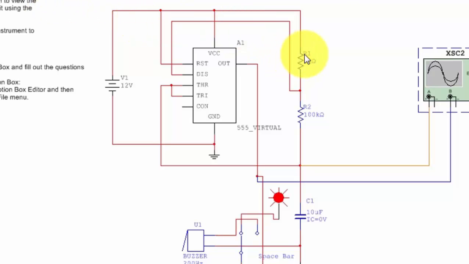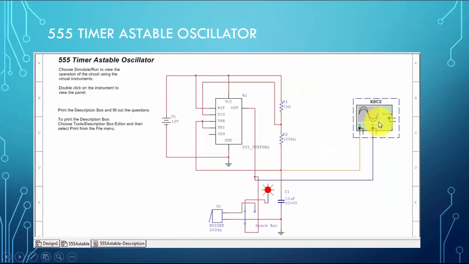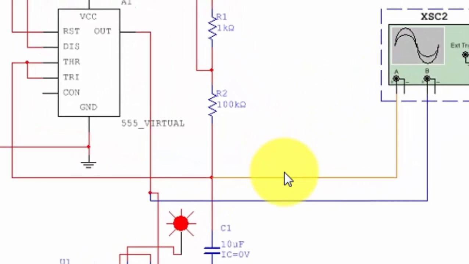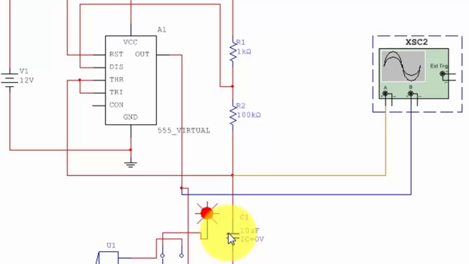We have external components R1, R2, which are the timing resistors, and we have the discharge and charging capacitor C1. Shown here is the oscilloscope, which is used to display two outputs. We're going to see the output from pin 3, as well as, in channel B, the voltage across the capacitor.